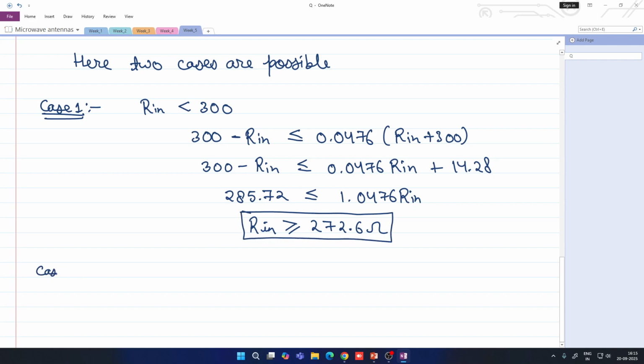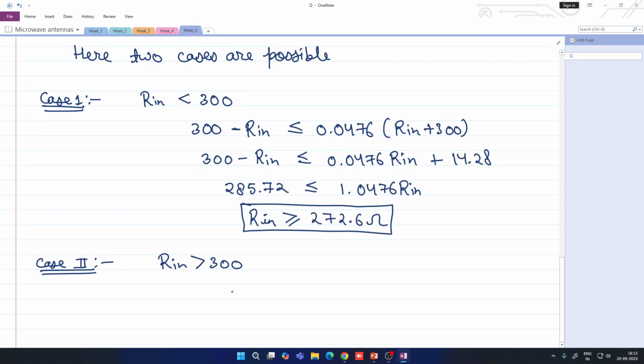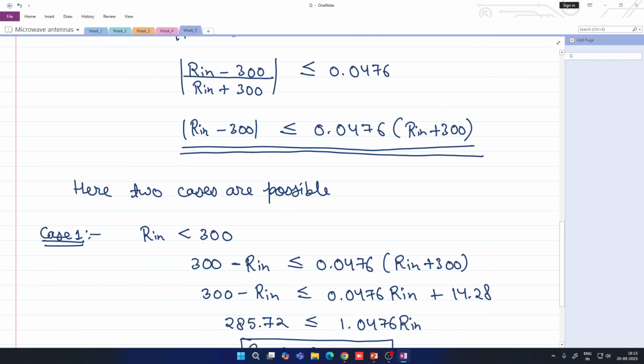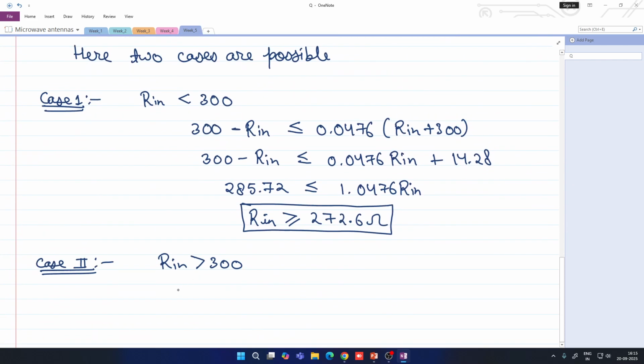And case 2, when the input impedance of that feed element is greater than 300. In that case, this modulus is going to be positive. So I can simply write this as R in minus 300 less than or equal to 0.0476 R in plus 14.28.